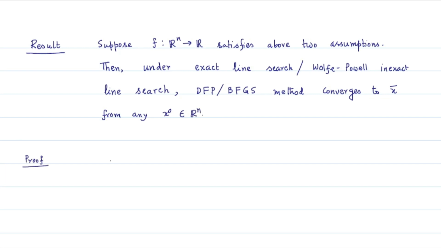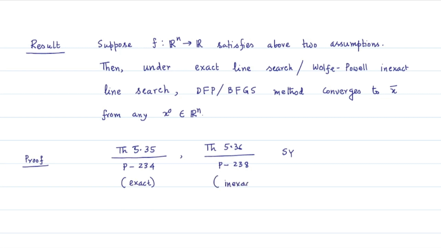For the proof of this result, you may please visit theorem number 5.35 on page 234 and theorem 5.36 on page 238 of Sun and Yuan's book. This theorem 5.35 gives a proof for exact line search, and this theorem 5.36 gives a proof for the inexact line search.